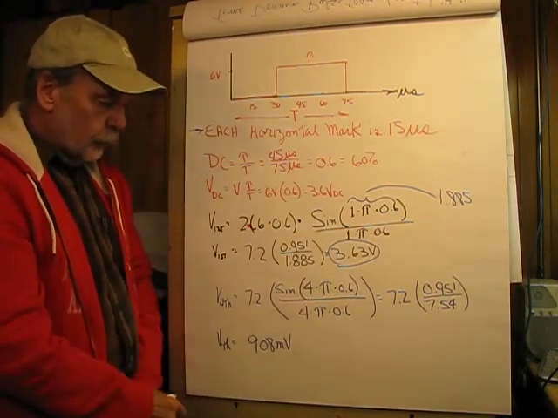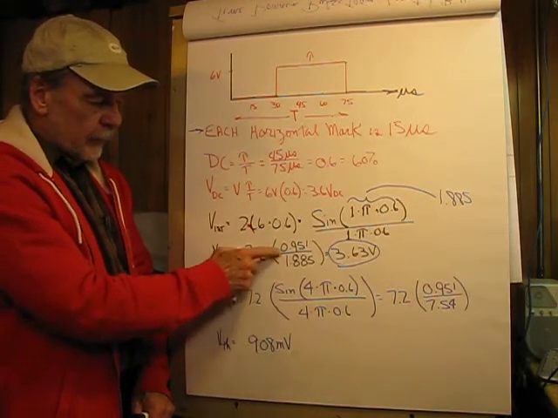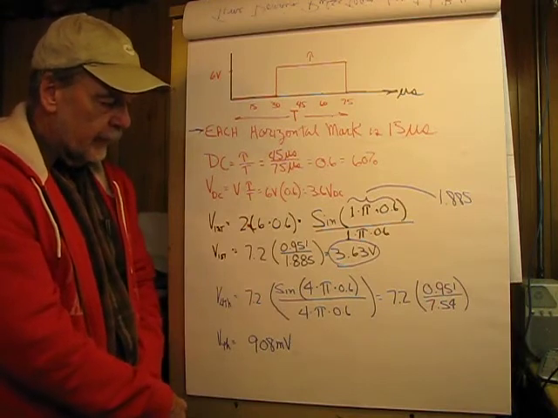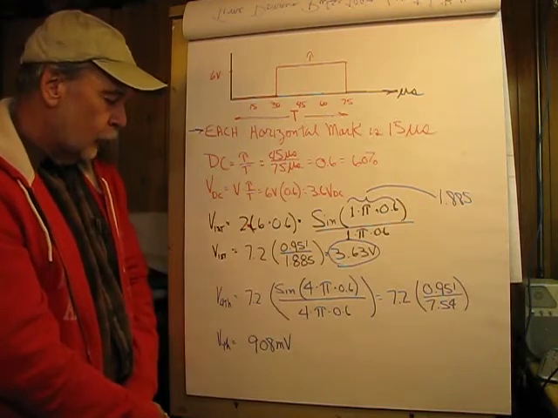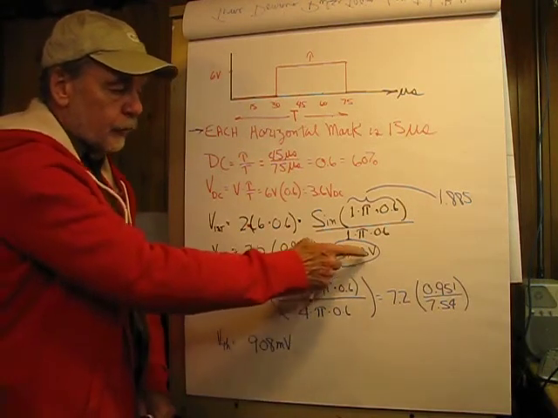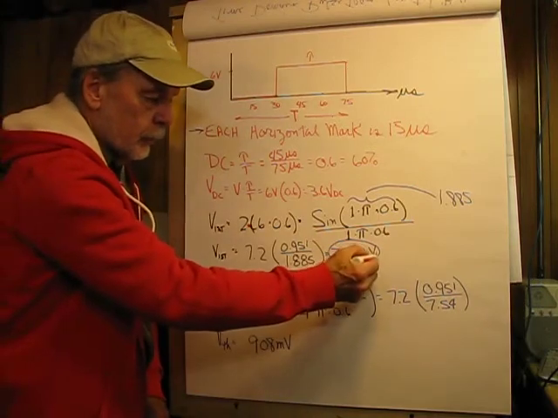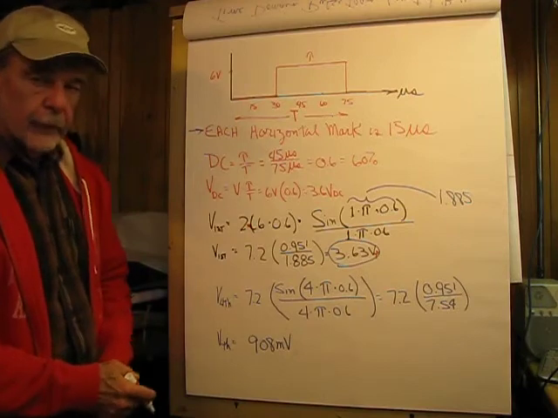Calculator in radian mode, and when we do that, we see we get 7.2 volts times 0.951, and in the denominator we have 1.885. And what that gives us for our first harmonic is 3.63 volts peak.